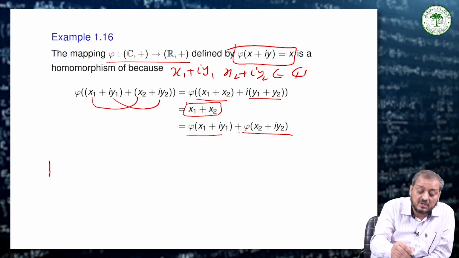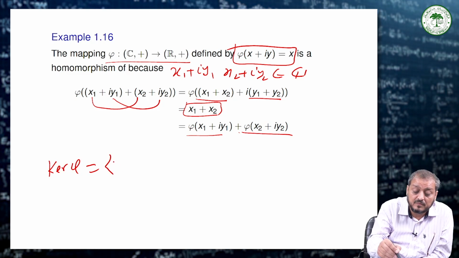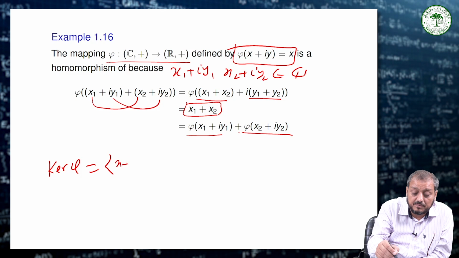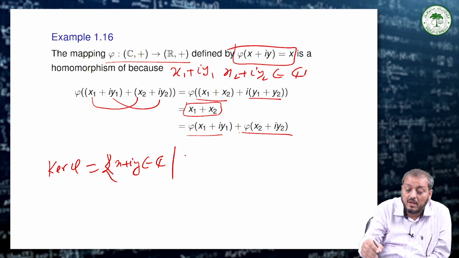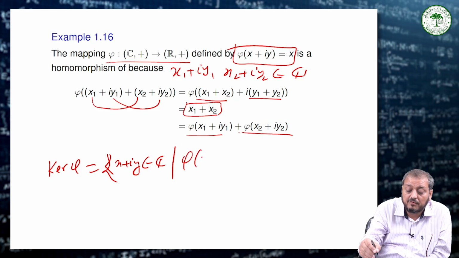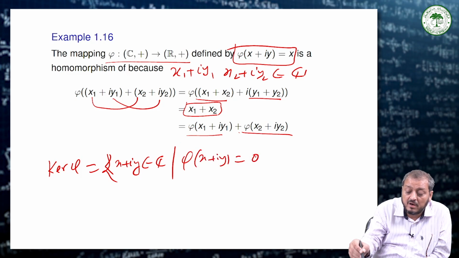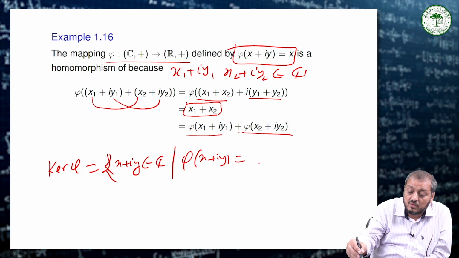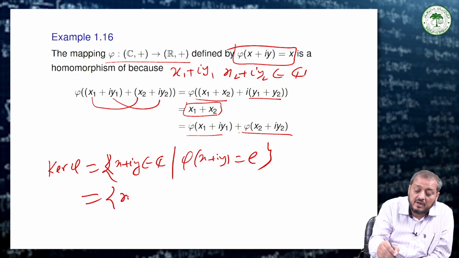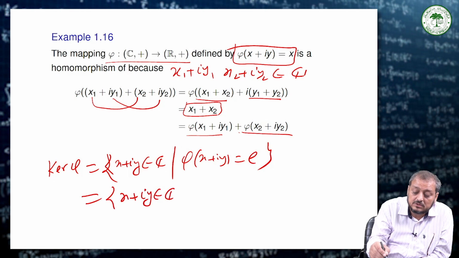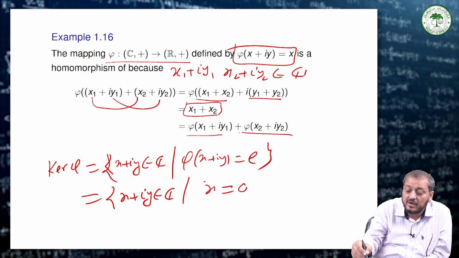Now what is the kernel of this? Again, we have to find the kernel of phi. We take an element x plus iy of C such that phi of x plus iy is equal to the identity. Now you know that the additive identity is 0, so phi of x plus iy is equal to x, which is equal to 0.